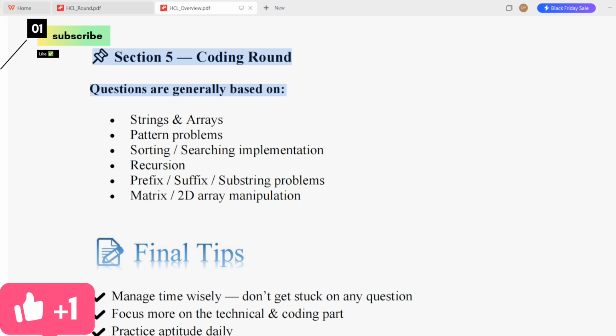The difficulty level is medium to high. To prepare well, practice on platforms like HackerRank, LeetCode and Codeforces, etc.